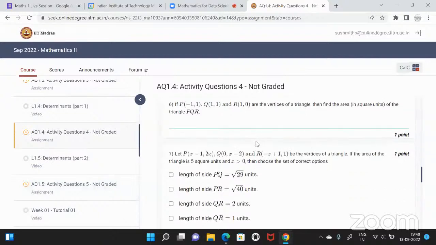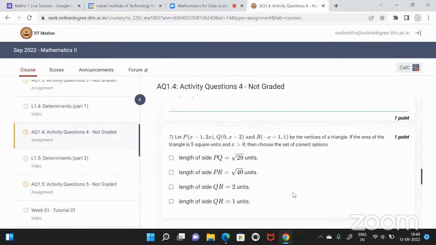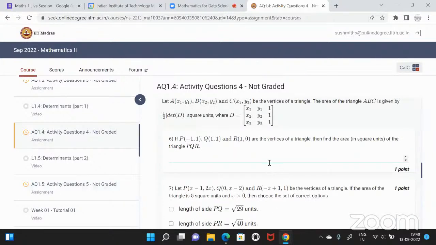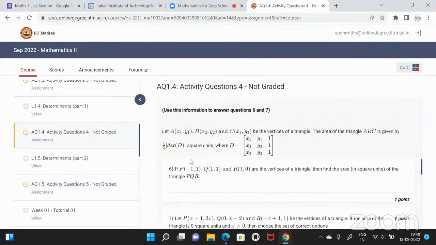Only one 0 is there and the rest are ones. But then the answer comes out to be -1, and the area of the triangle is given as 1. So do we ignore the minus sign and the answer would be 1? Yes, it is given as half times mod determinant of D. Okay, mod. I just understood that now.